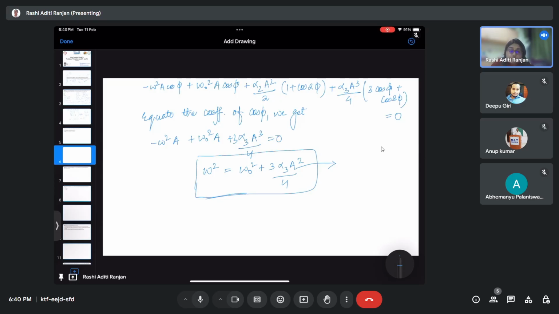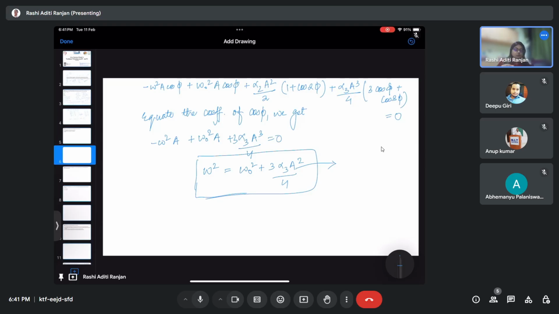So by this equation, we get that omega is not independent of the amplitude. You can change the amplitude. For example, if I keep my initial velocity 0 and my initial displacement as 1, it will have one frequency. If I change it to A2, my frequency is again going to change.